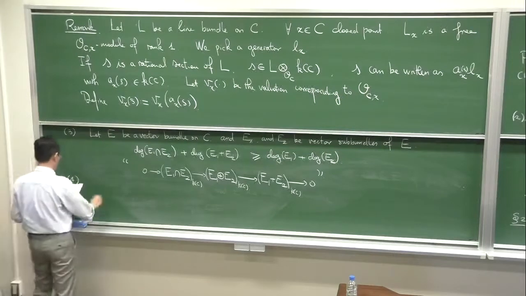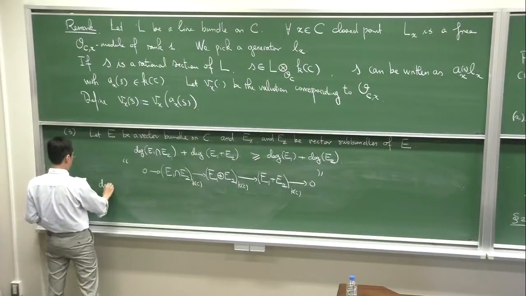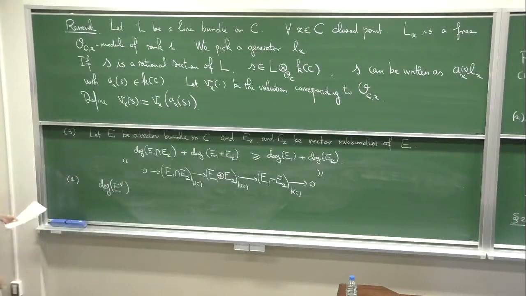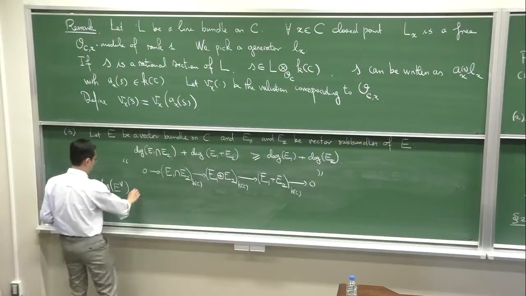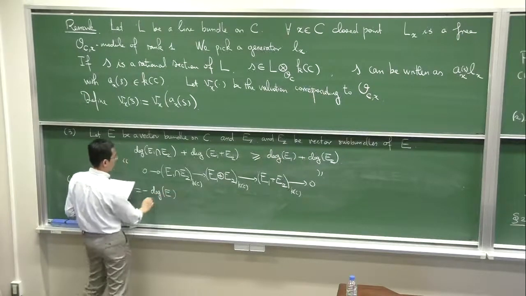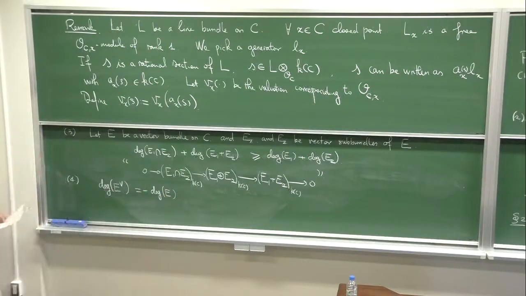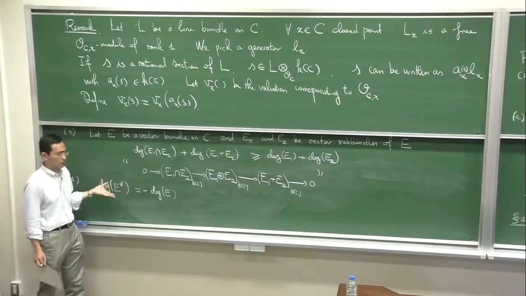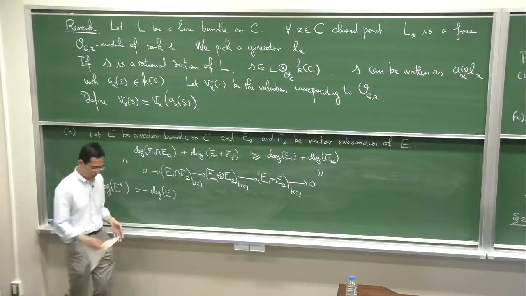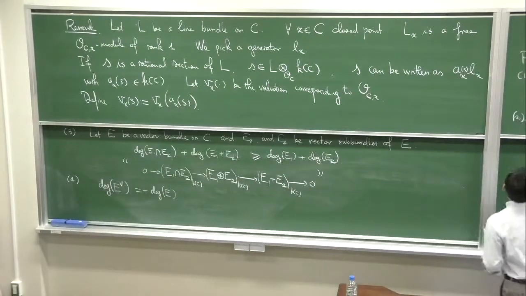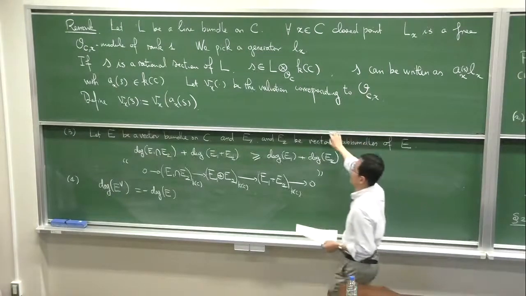The fourth property is that the degree of the dual of a vector bundle E is minus the degree of E. Again, you observe a situation similar to the lattice case: if you compute the degree of the dual lattice, it is minus the degree of the initial lattice.